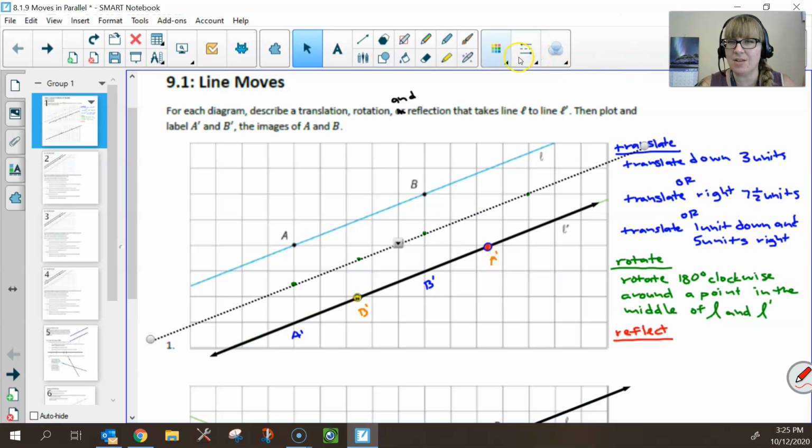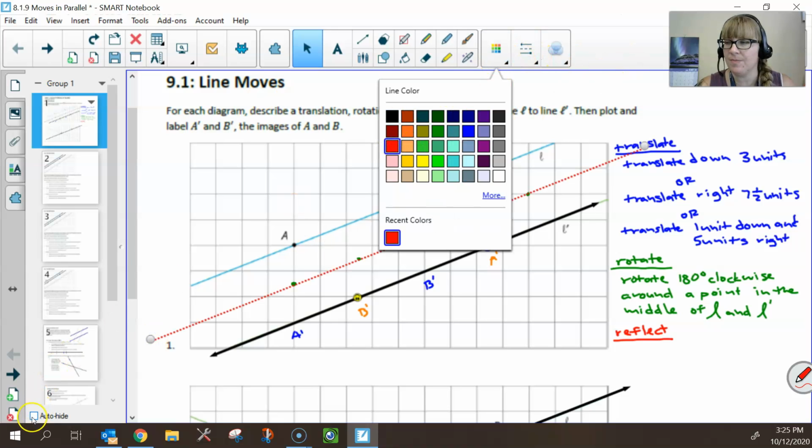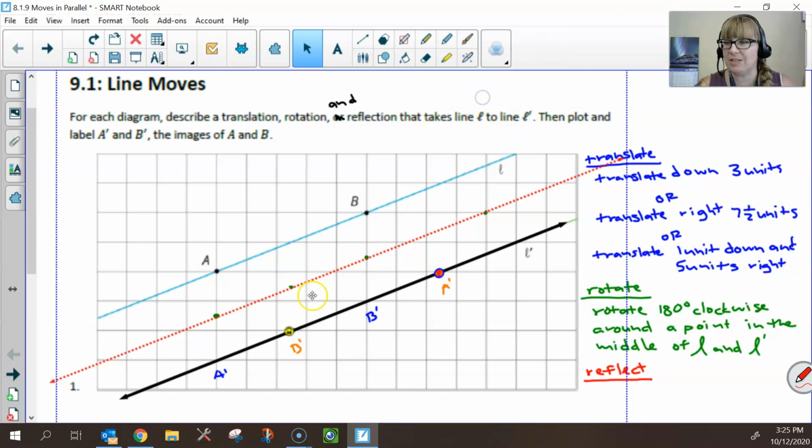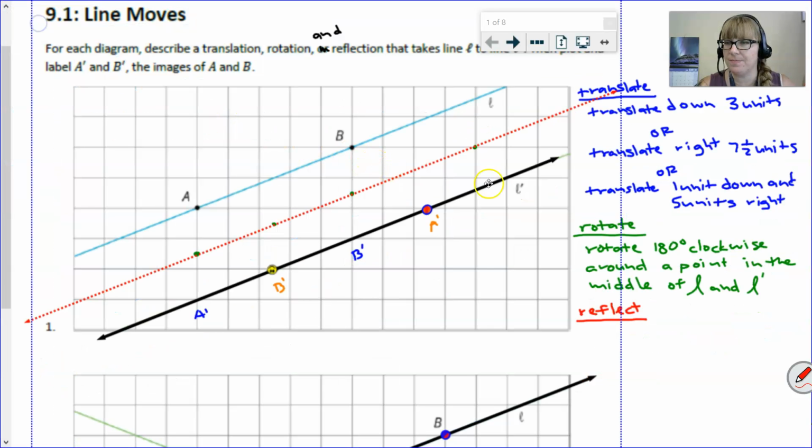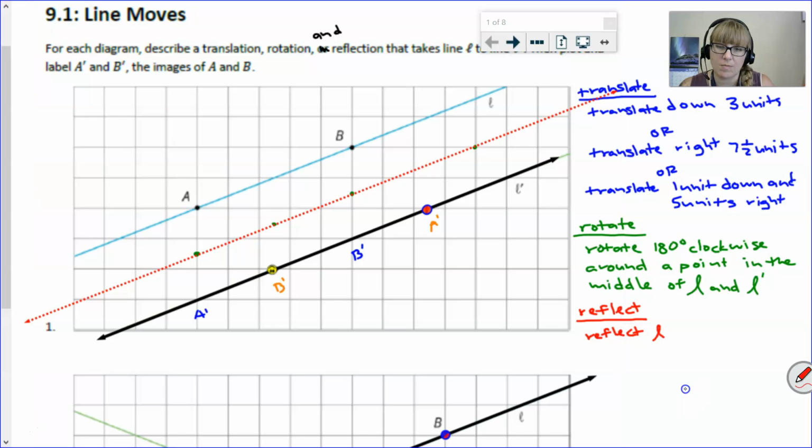So if we use that line that goes smack dab in the middle, that would work for our line of reflection there. So we can reflect over the line right in between L and L prime. And I've got that modeled right here. It's kind of drawn for us.